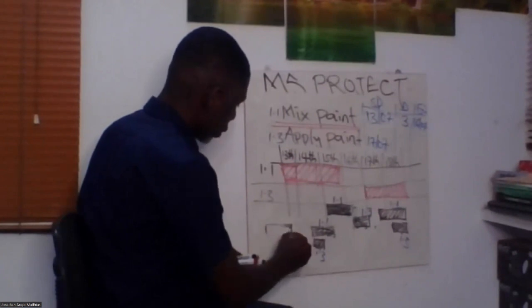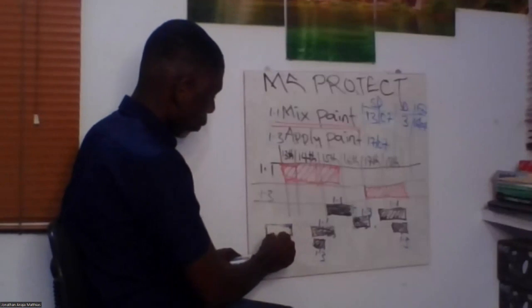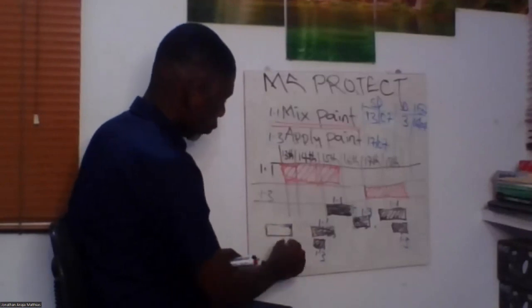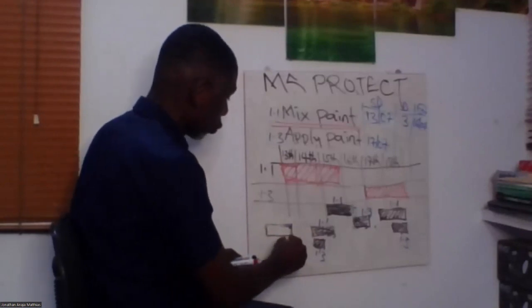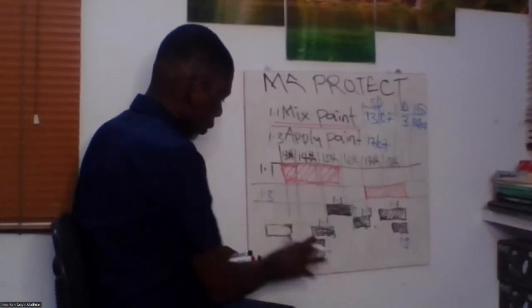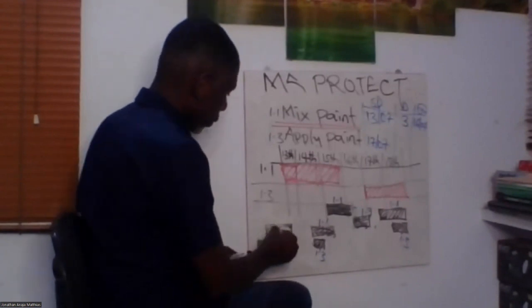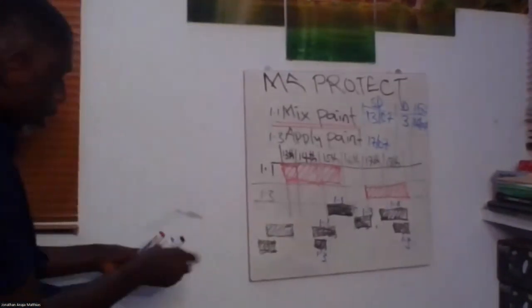It means the predecessor has to start for this to finish. So the relationship will also look like a finish to finish. It needs to start for that to finish, so it will overlap.